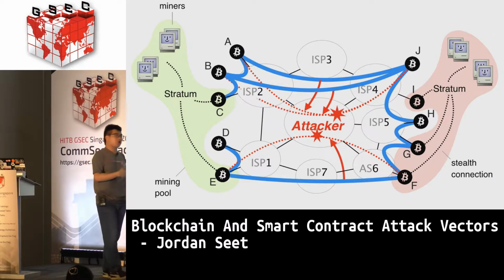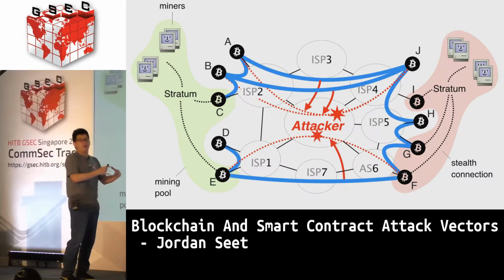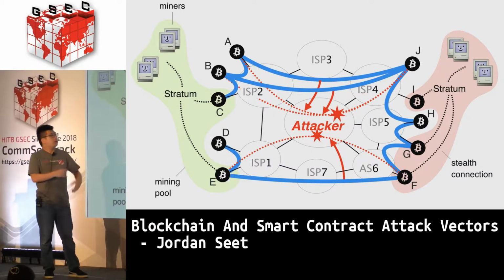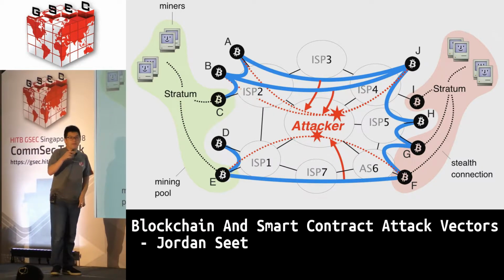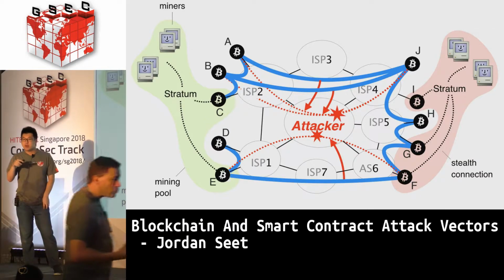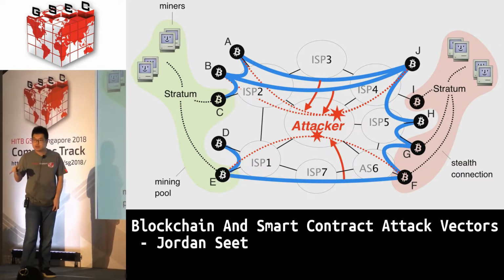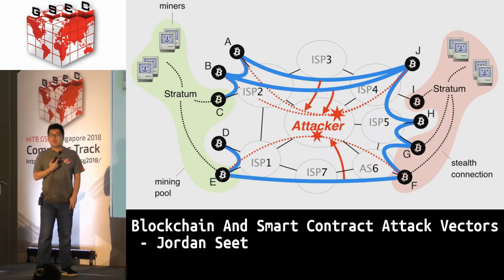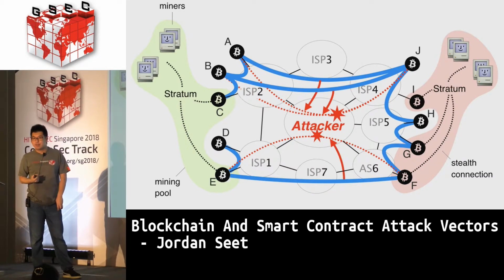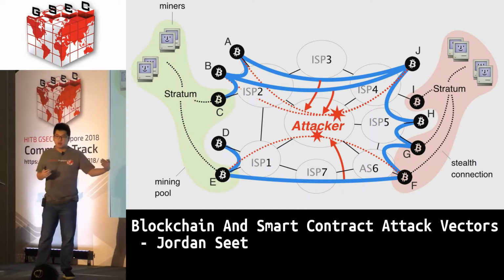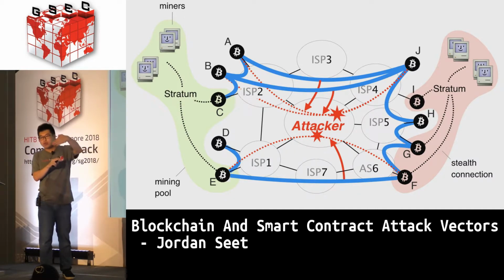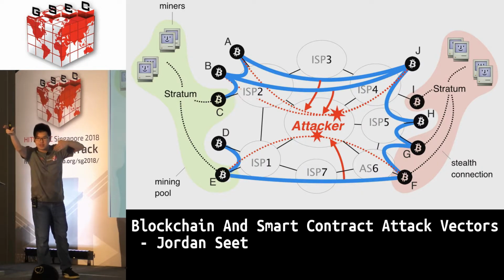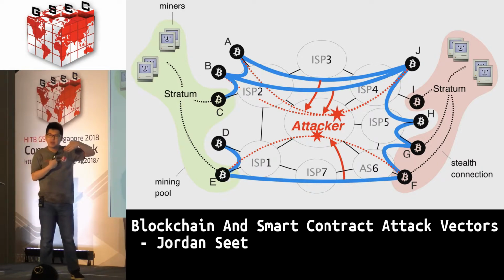And you can think of autonomous systems as maybe a group of one or more internet service providers. So that said, the point of vulnerability lies in the communication itself. If I managed to hijack Singtel, for example, all IP addresses going through Singtel and going out of Singtel will be controlled by me.